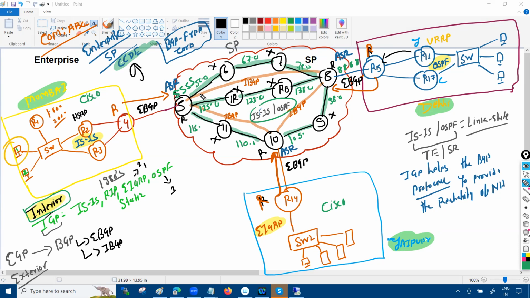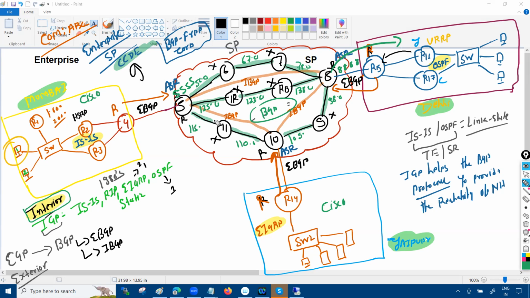So you may have a question: can I provide the reachability with the help of the BGP protocol? Instead of running ISIS and OSPF, can I run internal BGP to advertise all these links into BGP? Technically you can run it, but it's not recommended. If I advertise these routes into BGP, R8 is going to send all this service provider information to the customer network.